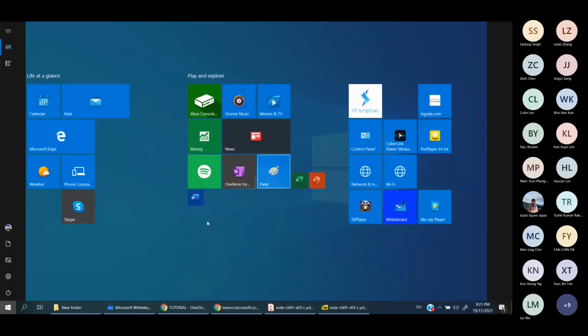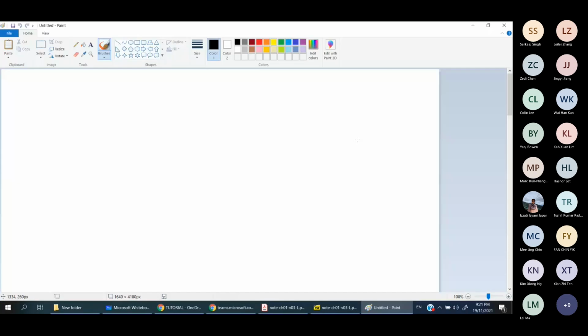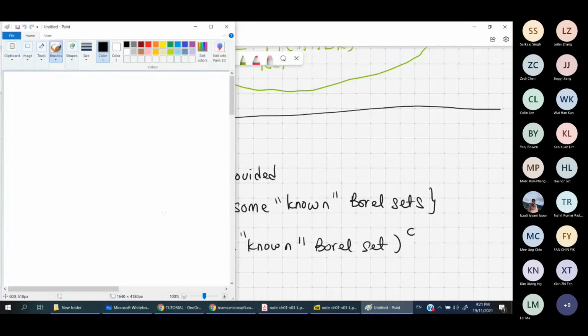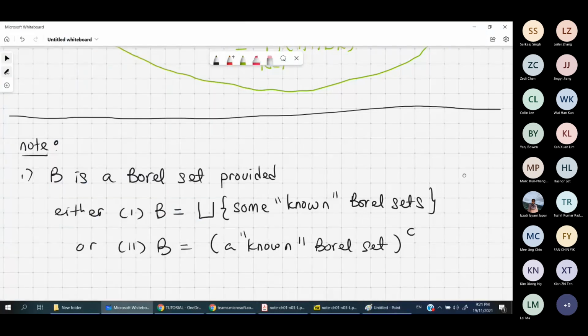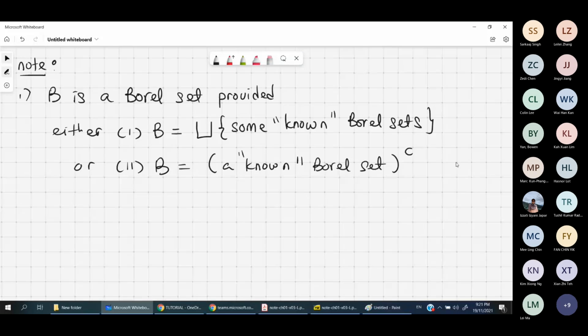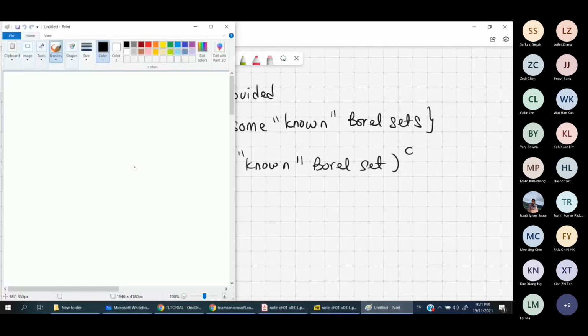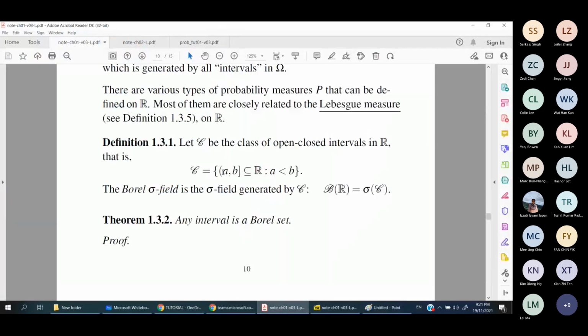Maybe I need another one. Let's put it over here. Okay, this is the one. According to our construction, a Borel set is generated by open-close intervals.